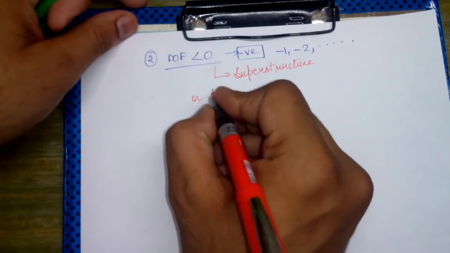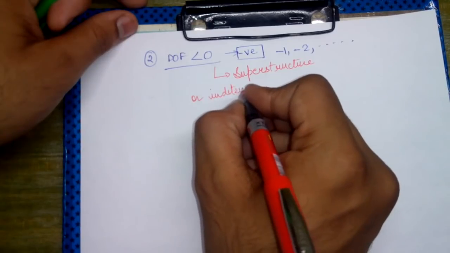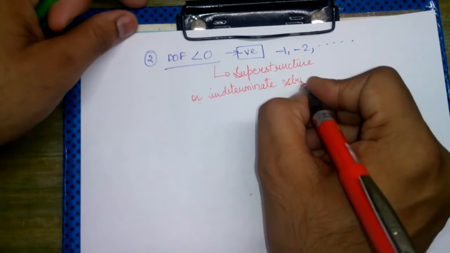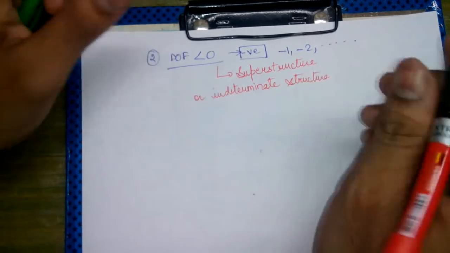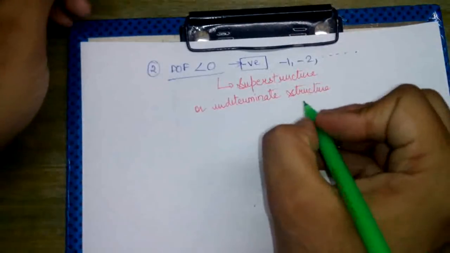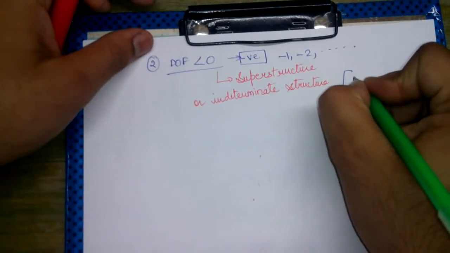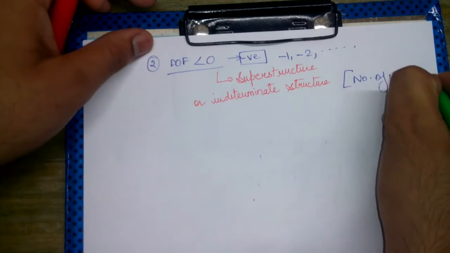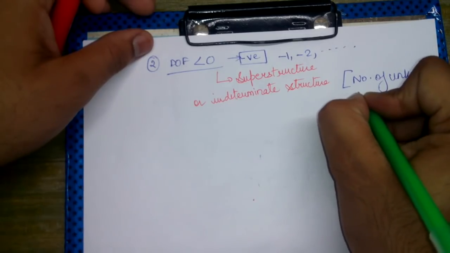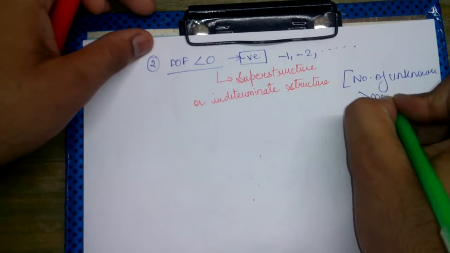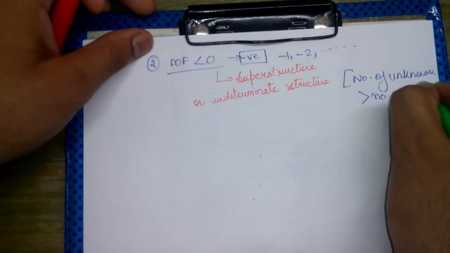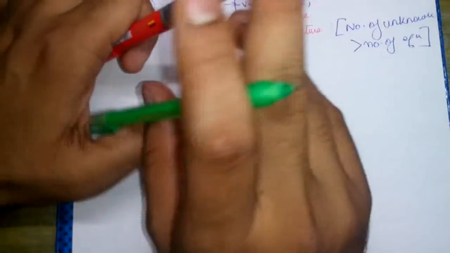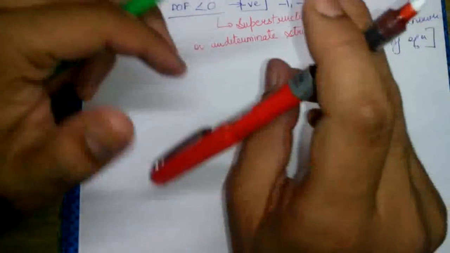In the case of an indeterminate structure, the number of unknown parameters is greater than the number of equations available, so we have to use a compatibility equation like the one we discussed in strength of materials.